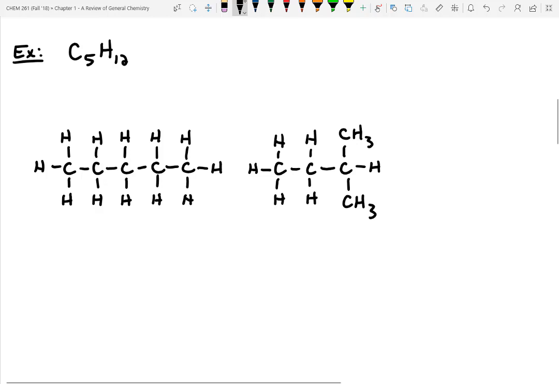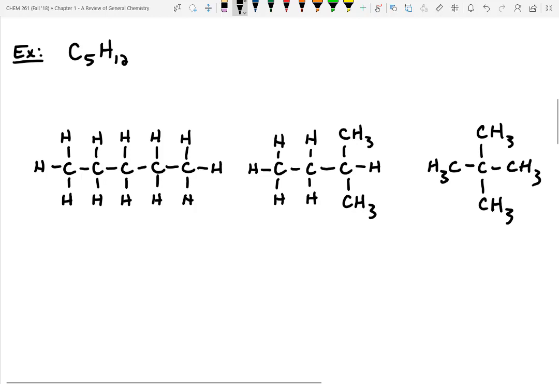Another one would almost be like a cross. All of these have 5 carbons and 12 hydrogens, though, right? What sort of isomers would these be? Constitutional isomers, right? The other day we said constitutional isomers have a different structural layout, so the atoms are in a different order altogether.